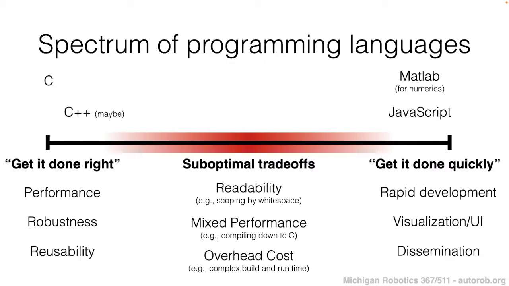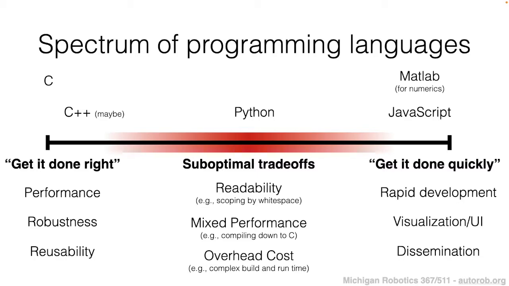These are options, but they also have pros and cons, in terms of potentially readability of the code, or the overhead cost in terms of memory or compute resources. In Python, for example, this would be how effective the garbage collector is at managing your memory resources. So across this spectrum, all languages have pros and cons.